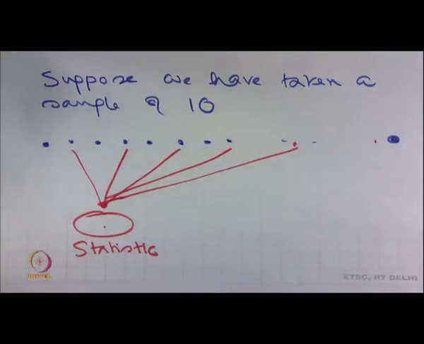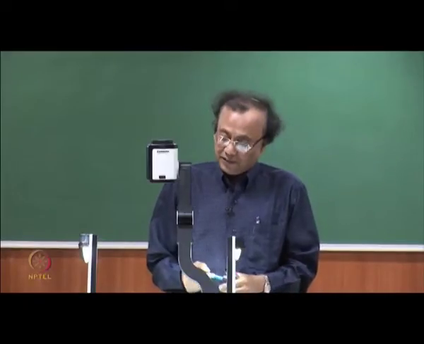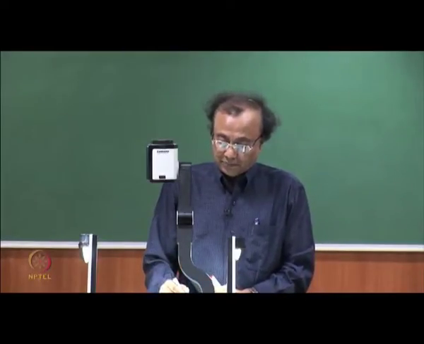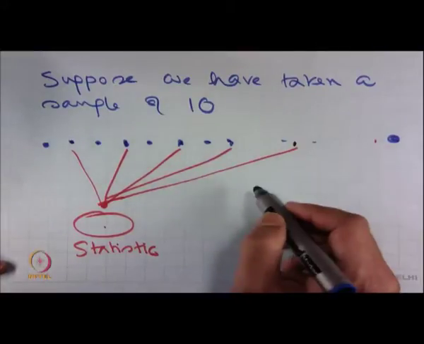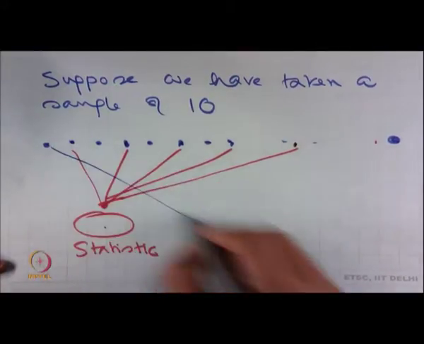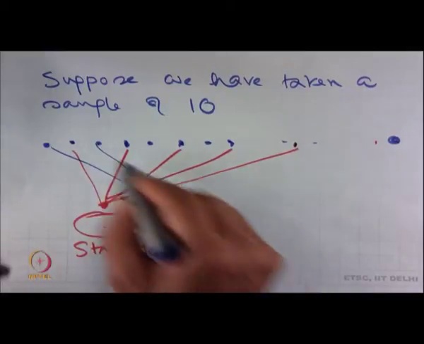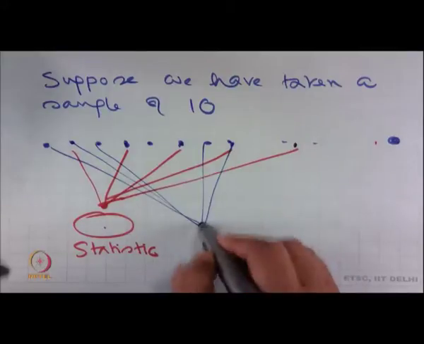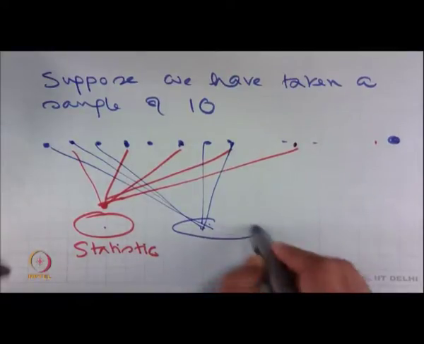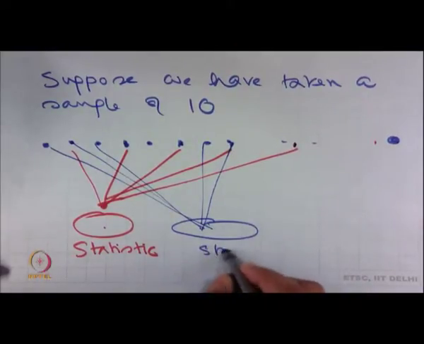Because if I repeat the same experiment, it is not mandatory that I will be selecting the same set of samples. Now, I will be selecting maybe some different samples, and therefore I compute its corresponding statistic.